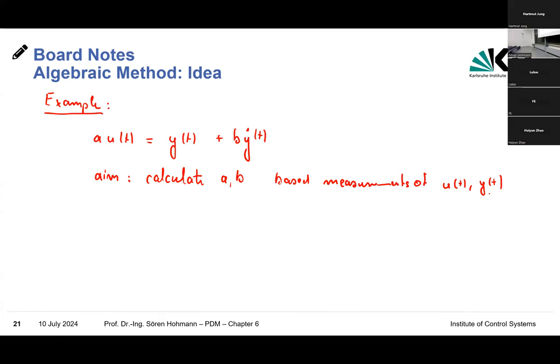So my initial idea would be the following. We'll take two measurements: u(t0), u(t1), y(t0), and y(t1), and put everything in our equation.